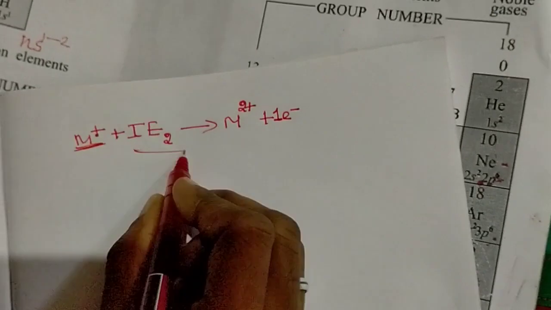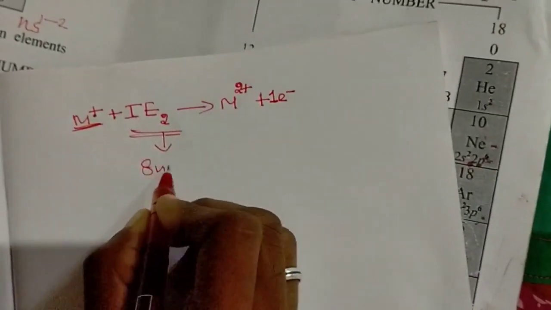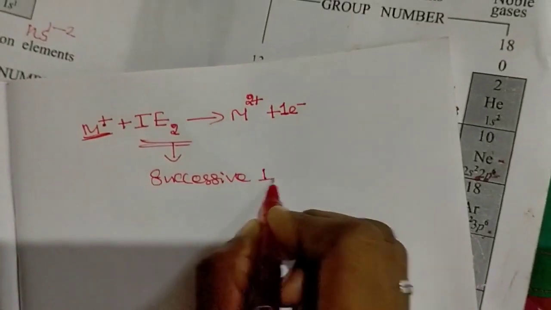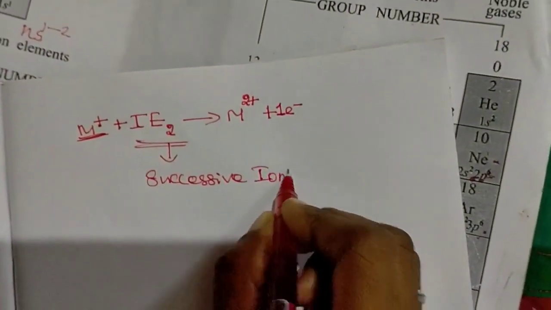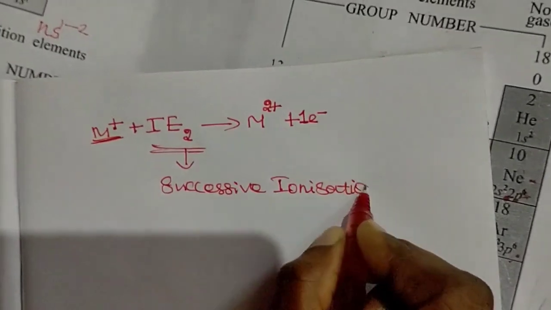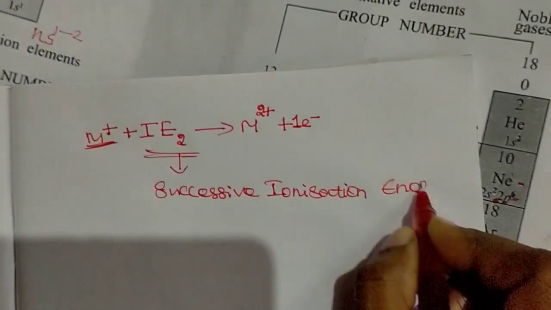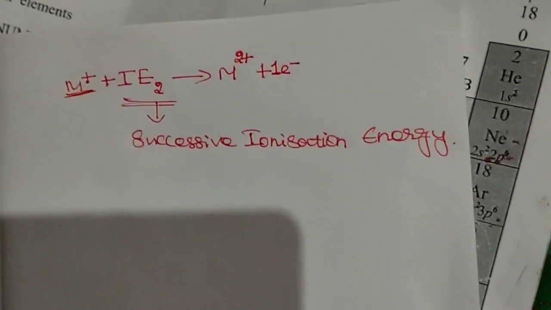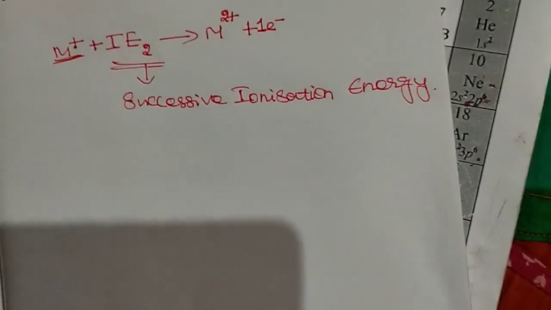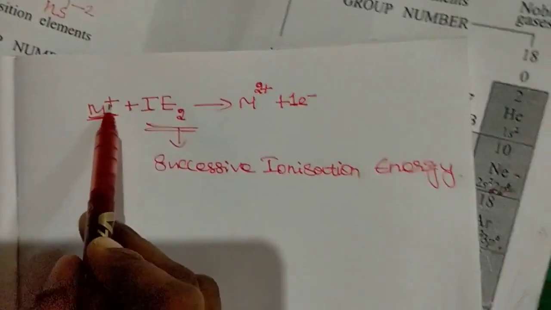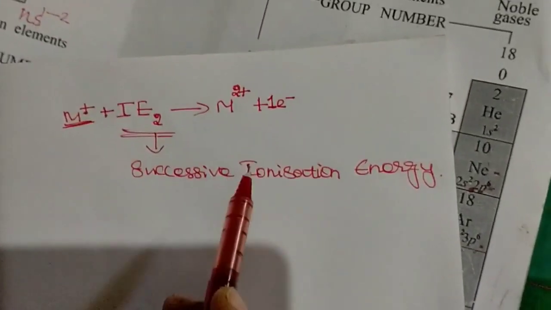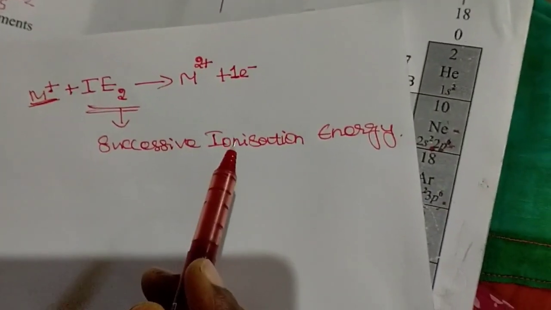This energy is known as successive ionization energy. The minimum amount of energy required to remove an electron from a unipositive cation is called the second ionization energy, or successive energy.